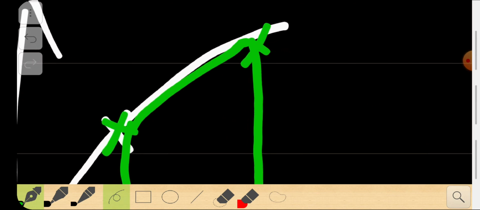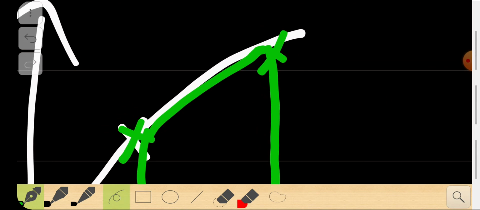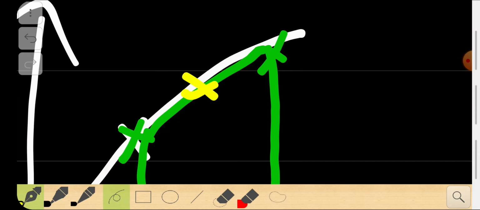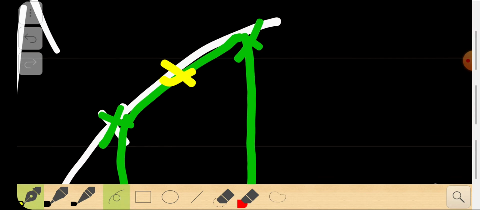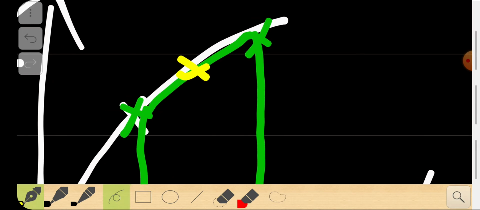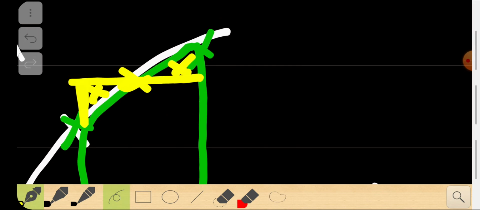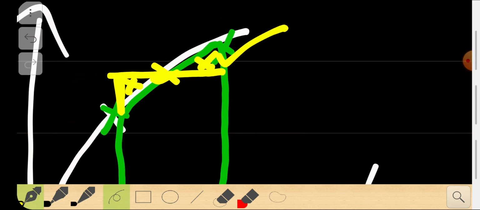Now if you take a midpoint here and draw this area, let this be the whole thing. If you look at this area and this area, what we need is this area, we don't need this area.